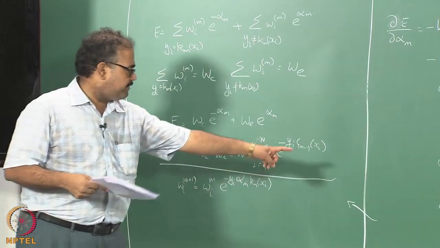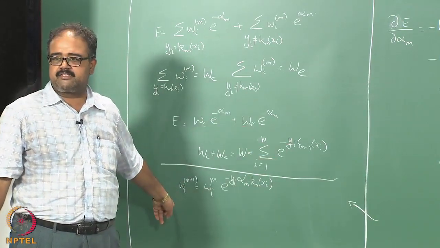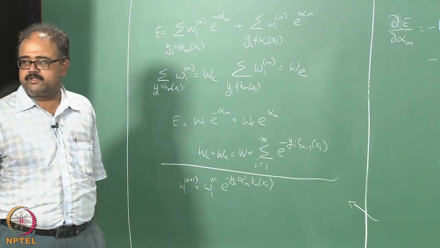So because you need the alpha m here for your update, once you find the alpha m, you come back here and change the weights of all the data points by this amount.